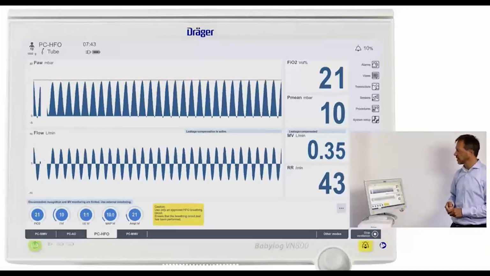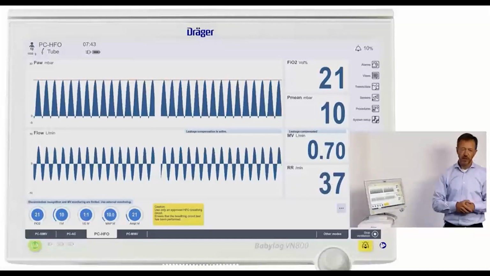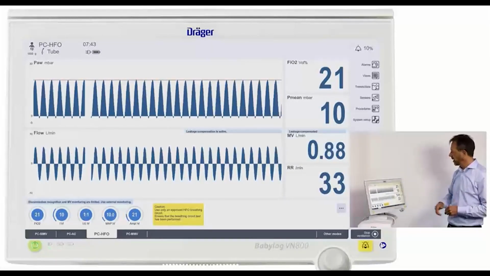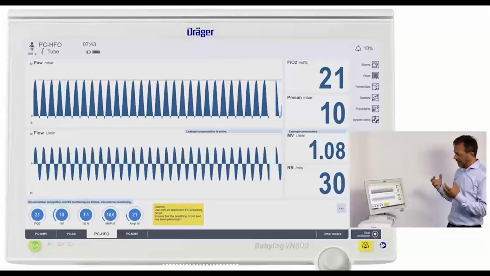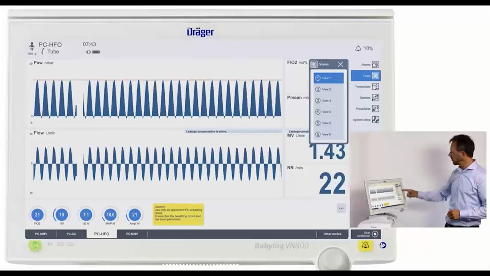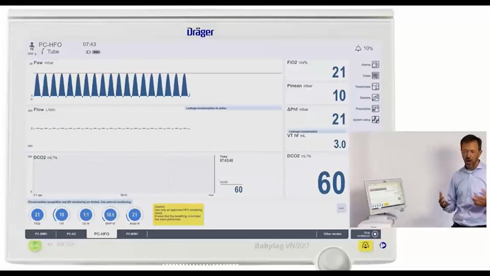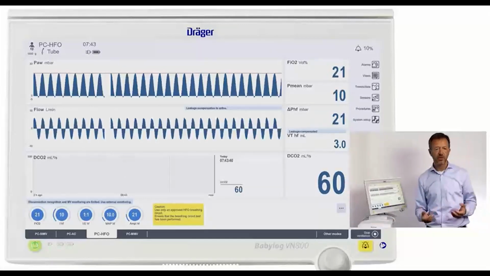At the top we see again pressure, below the flow waveform. To adapt our screen to high frequency oscillation, I will change to view 2, where we have created an optimized view for high frequency oscillation.